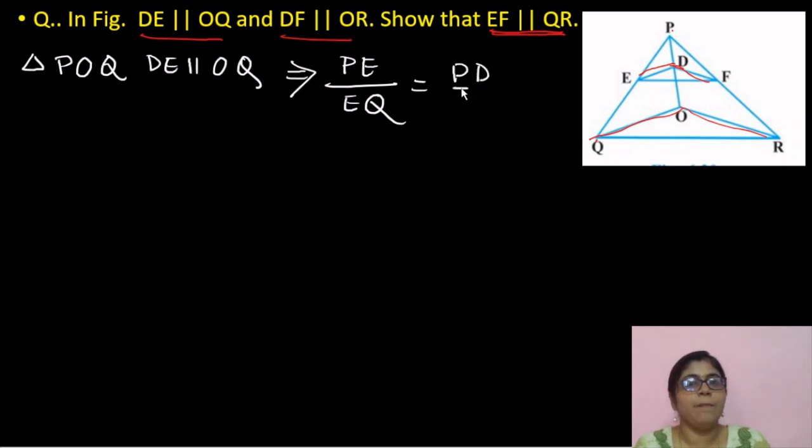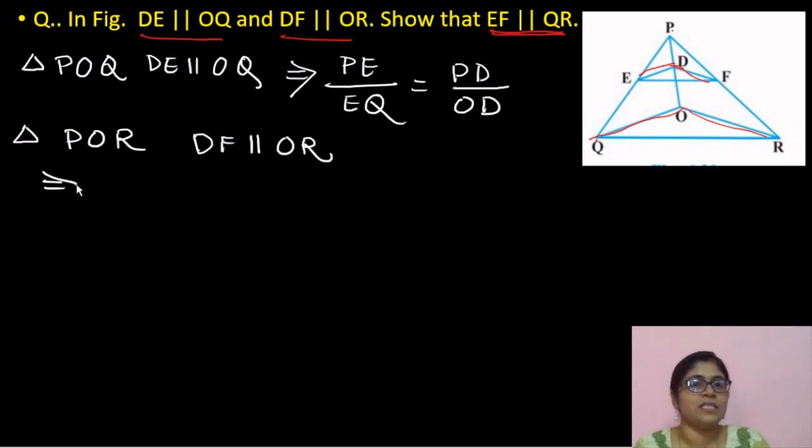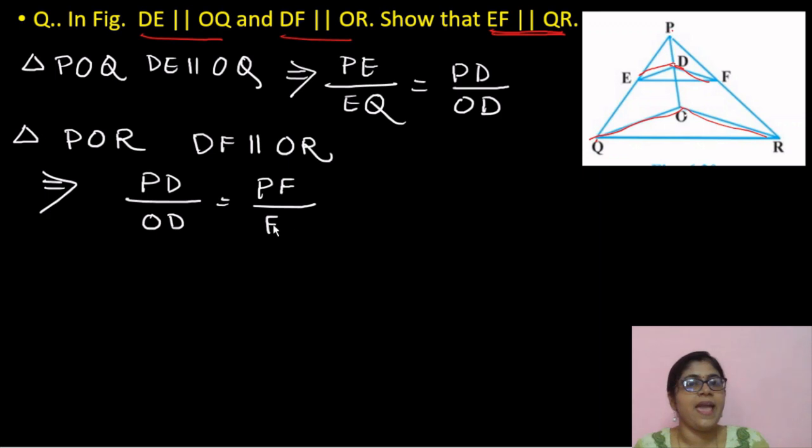PD by OD. Now let's move to triangle PRO. In triangle POR, our DF is parallel to OR. So as DF is parallel to OR, we can say PD by OD equals PF by FR.